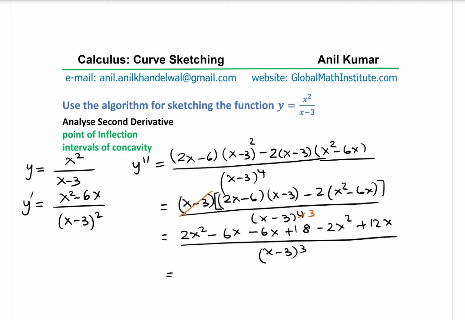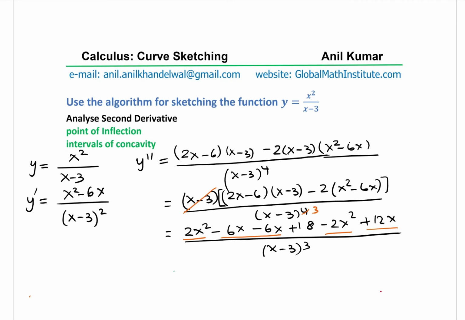In this particular case, minus 12x and 12x, 2x squared and 2x squared, well, this cancels. Okay, it simplifies. So we have 2x squared and minus 2x squared, they cancel. Minus 6x and minus 6x is the same as 12x, that also cancels. So we are only left with the number 18 on the top. So that's good for us. So the second derivative now simplifies to 18 over (x minus 3) whole cubed.